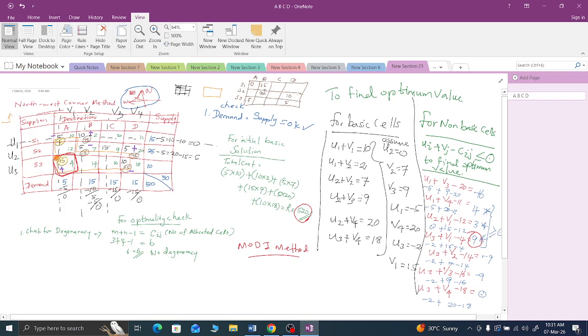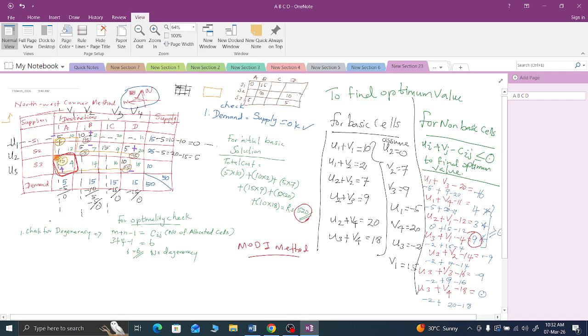So now our total cost, if it comes by giving this allocation, right? We changed the allocation now. By using the MODI method, by creating a loop, we changed the allocation. Now with this changed allocation, we can find the total cost, right? You know how to find the total cost. Here 15 multiplied by, for S1B, what is the cost? S1B is 2 rupees. So 15 multiplied by 2.